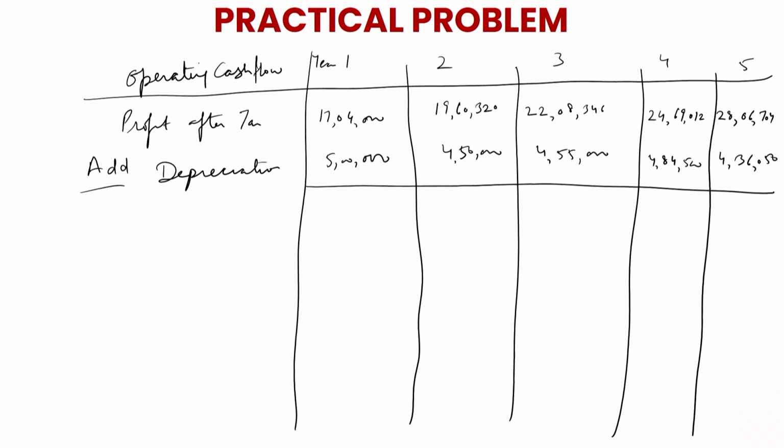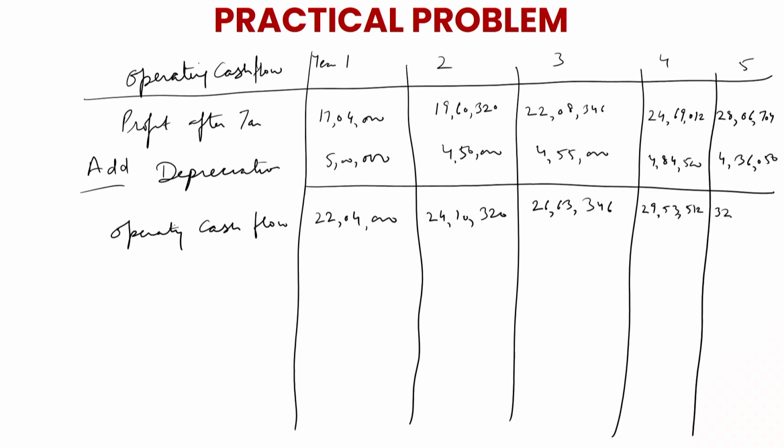So once we add it back, we will reach the figure of net operating cash flow, which comes to 22,04,000, 24 lakh 10,320, 26 lakh 63,346, 29 lakh 53,512, 32 lakh 42,754. This is our step number 1 with the working note.